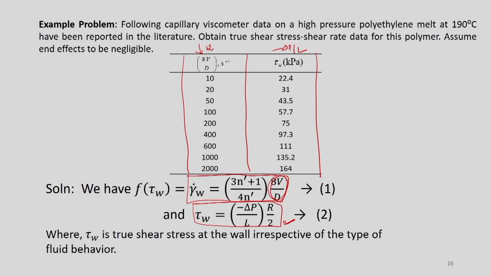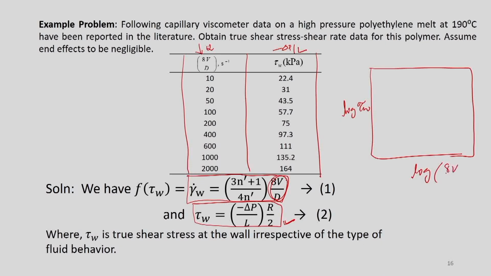So, now how to do it? You need to plot this information in a log plot, log tau W versus log 8V by D. Then you may have a curve something like this.